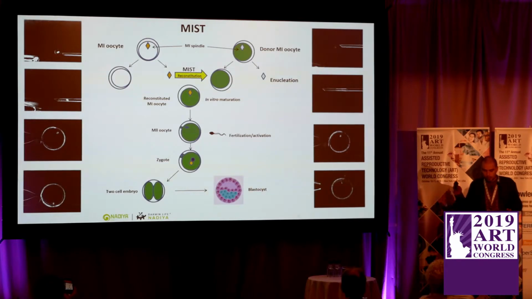What I wanted to show here, and that's interesting, is that I was thinking, okay, we have this impaired spindle of advanced maternal aged patients. So what if we just destroy the spindle completely and let the donor cytoplasm reconstruct the spindle by its own forces?